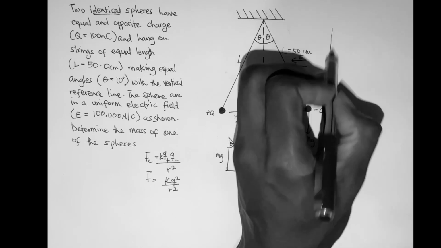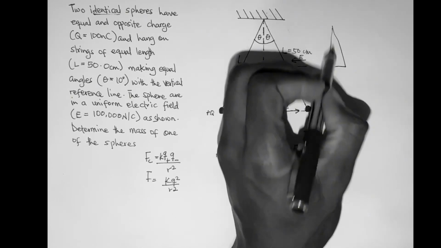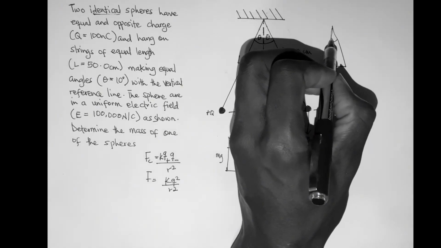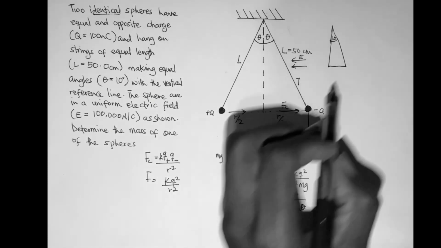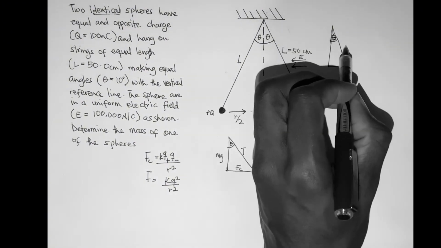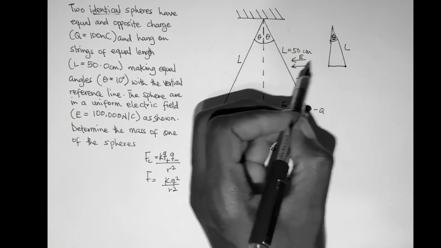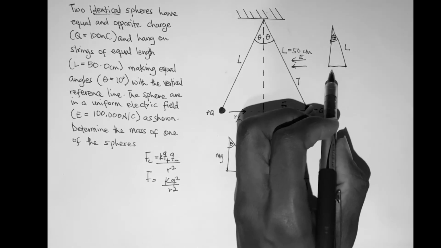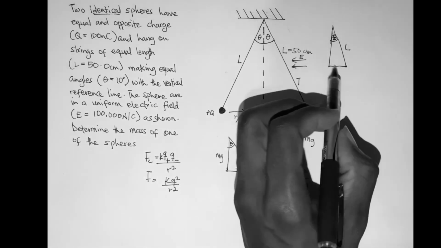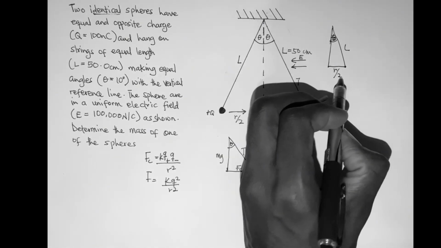In singling out that portion of the triangle again, here is theta, which is 10 degrees, and here is L, the length. We were not given any information about this side, but we know that here is r over 2.